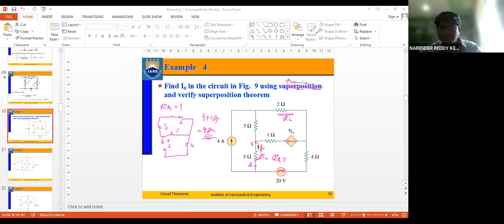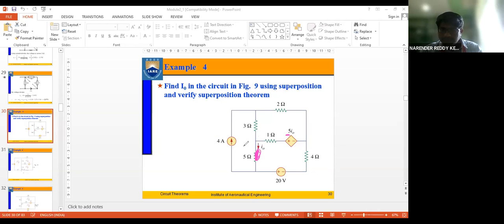So what did we do with VTH? We are not able to find VTH here because of the presence of this dependent source, isn't it? So what did we assume? You assume some fictitious voltage between A and B. I told you to assume it to be VAB, such that I can apply KVL for this loop, but we could not end up with a solution, right?